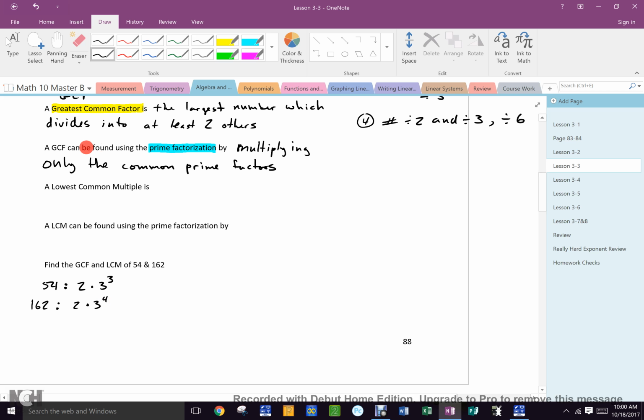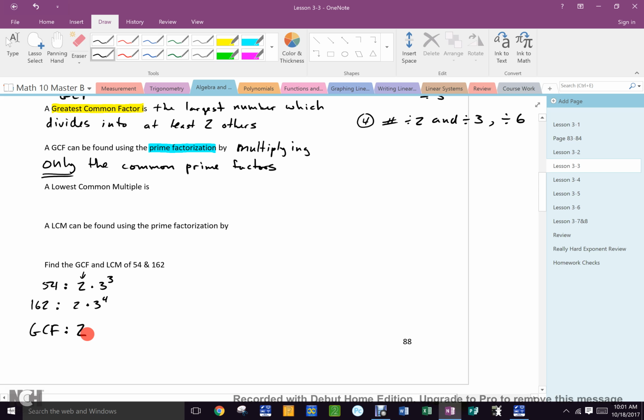Now, I told you you can find a GCF by multiplying only the common prime factors. Is 2 in both of them? Yes or no? Yes. So our GCF must include 2.